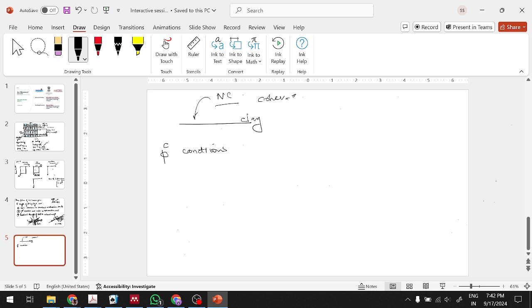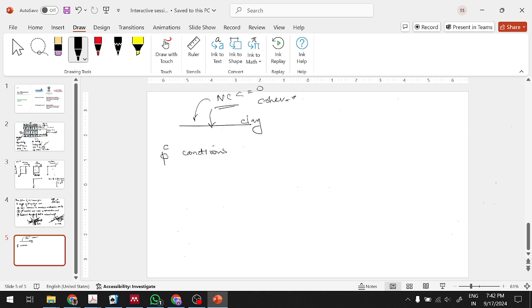When we are saying that NC soil will have C equals to 0, it does not mean that this clay does not have a cohesion. It means that the clay in this particular state will show the cohesion will be 0, but the same clay, as soon as you pound on it and we make it OC, the same clay will show cohesion.